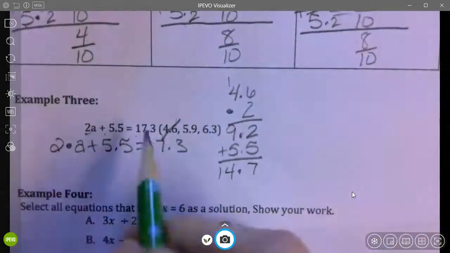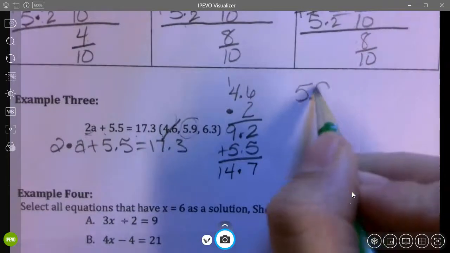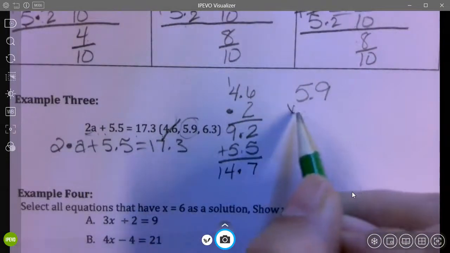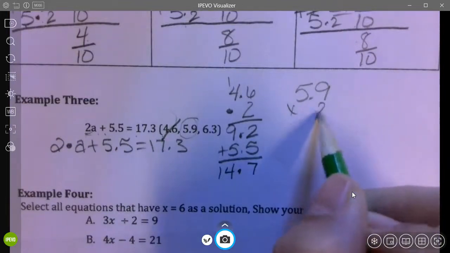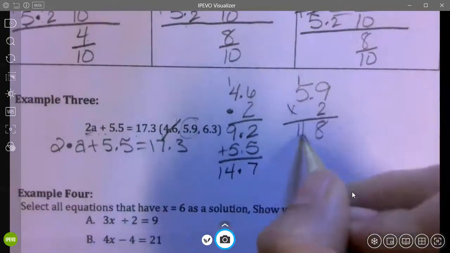I'm going to substitute my next given amount in for A. I'm going to use 5.9 this time. Times 2, which is going to give me 18, and 10, 11.